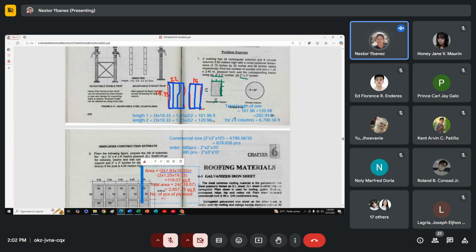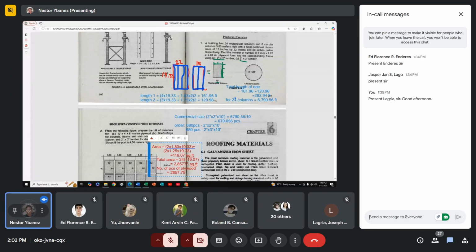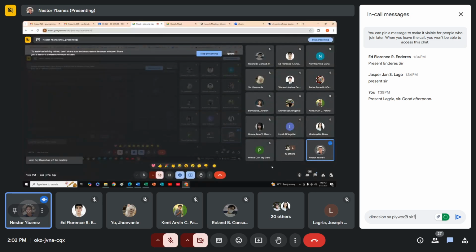Can I have an answer? Anyone? What are the dimensions of plywood?